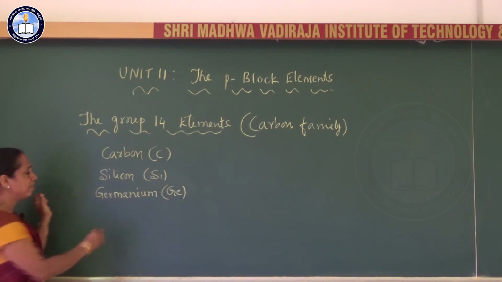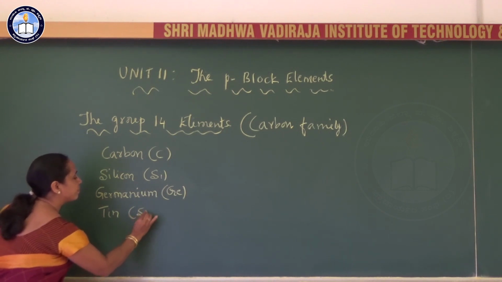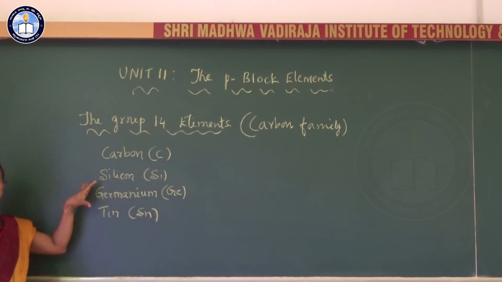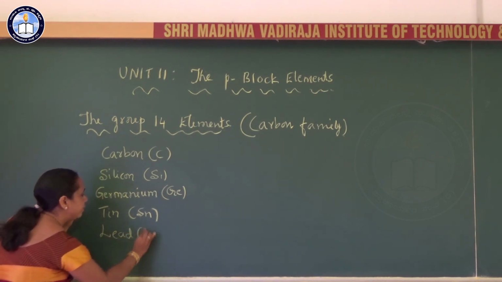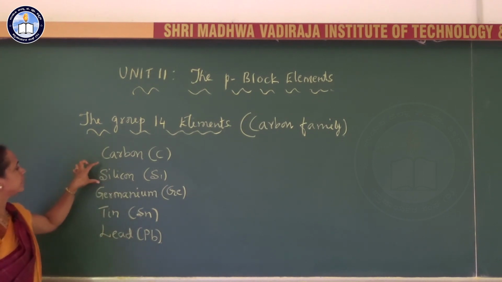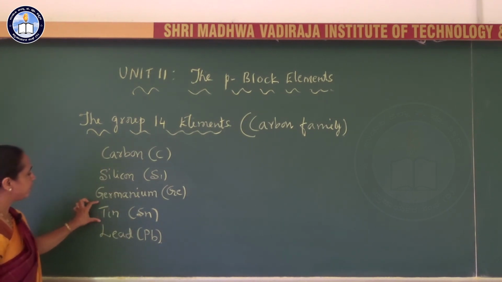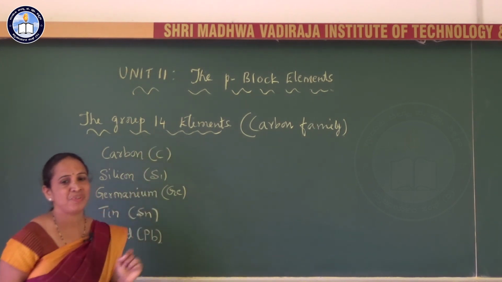After germanium comes tin, with symbol Sn, and the last element of this group is lead, with symbol Pb. So carbon, silicon, germanium, tin and lead are the members of group 14.